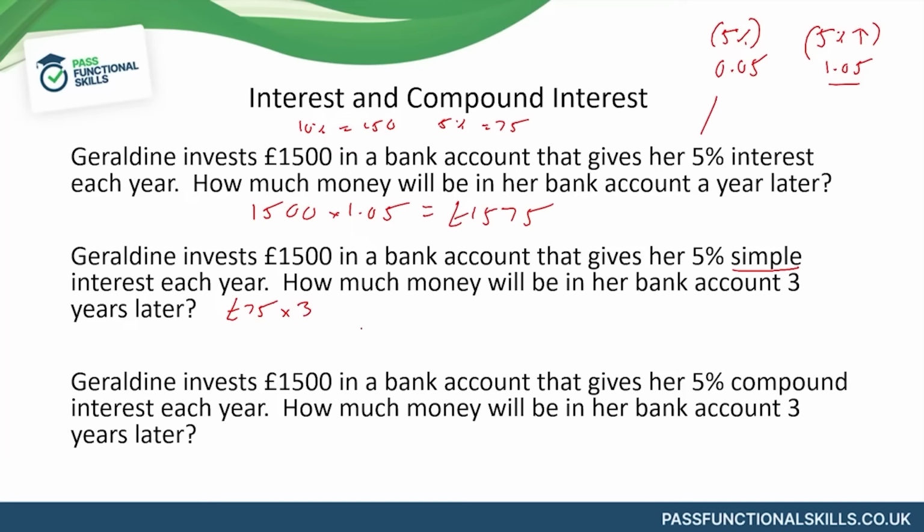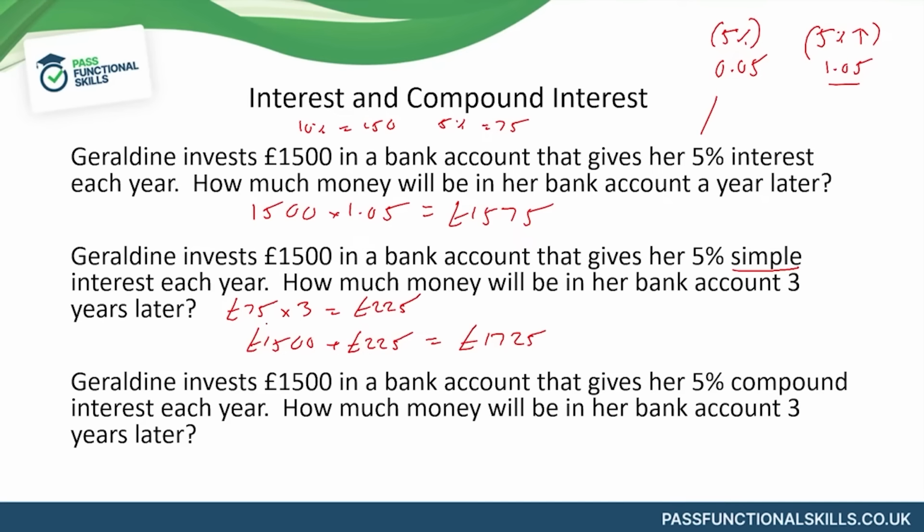So 3 lots of £75. 75 times by 3 is 225. So the total interest she receives is 225 on top of the 1500. So 1500 plus the 225 comes to 1725.